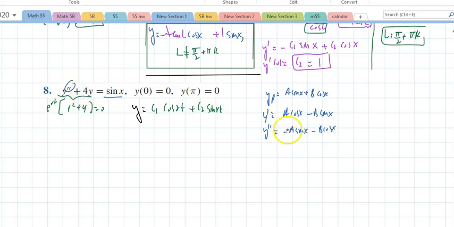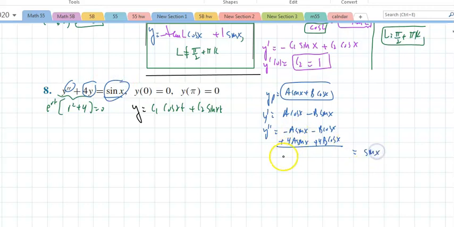And if I take y double prime plus 4 times y, that's 4a the sine of x plus 4b the cosine of x. Right? If I add those, I should get a sine of x. And here I'll get 3a sine of x plus 3b the cosine of x.